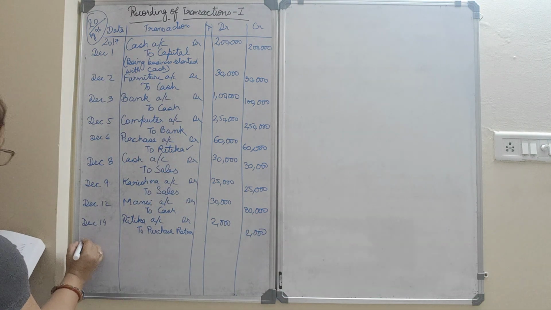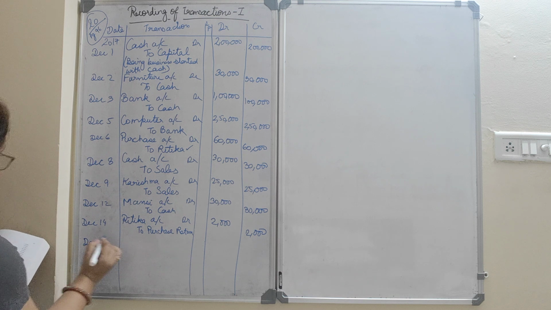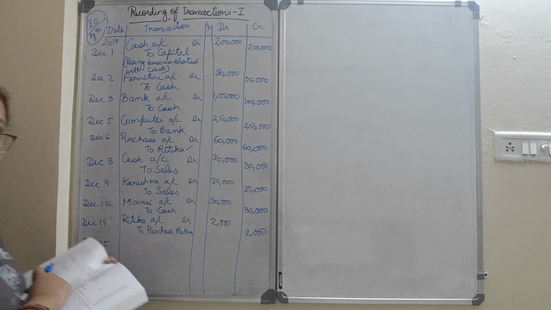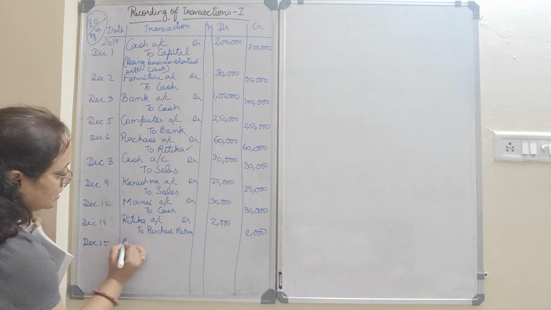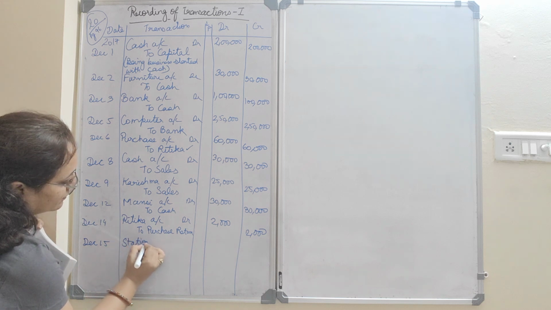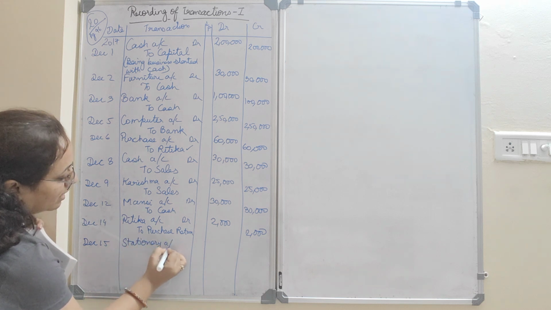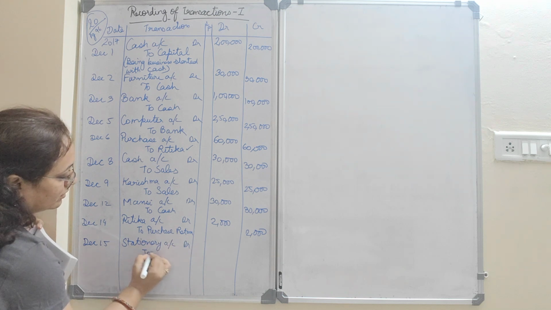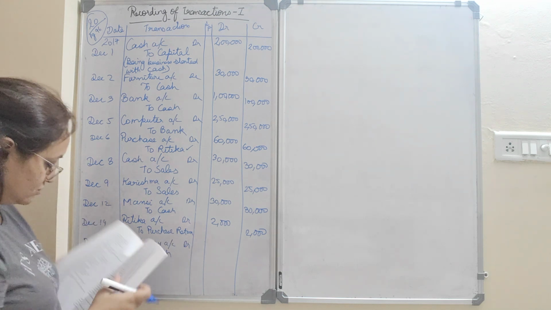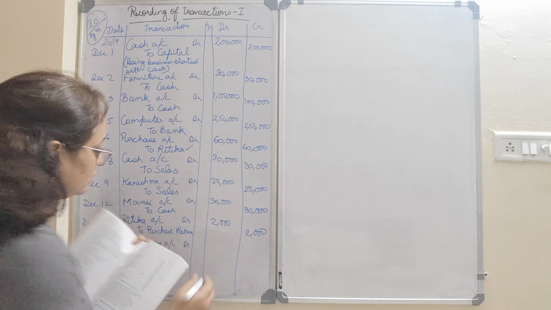Now December 15. December 15 is stationery purchased for cash. So stationery account debit to cash. How much is the stationery purchased for? 3,000.